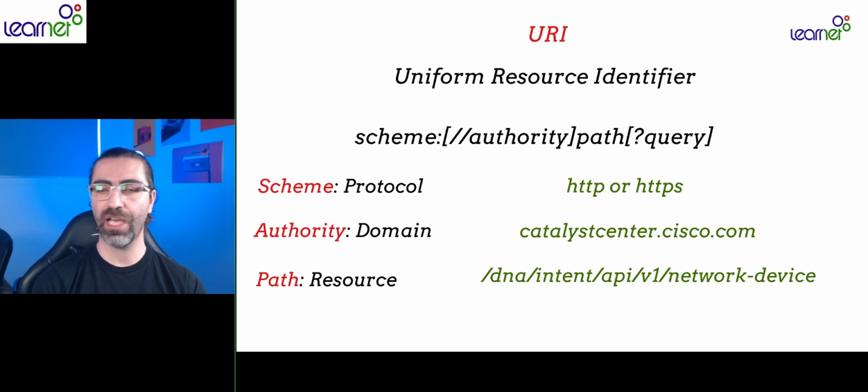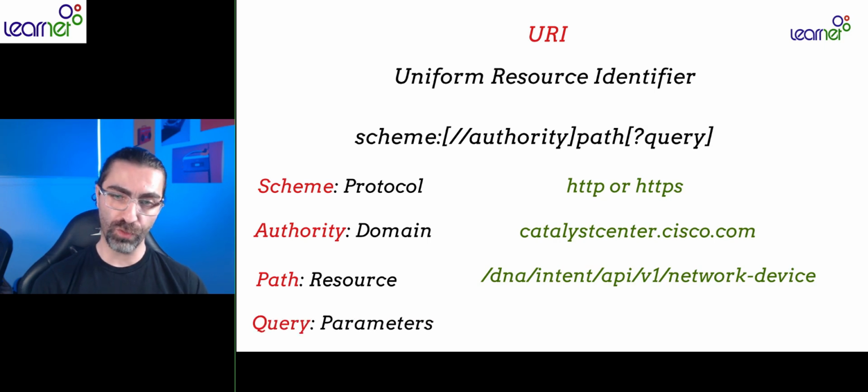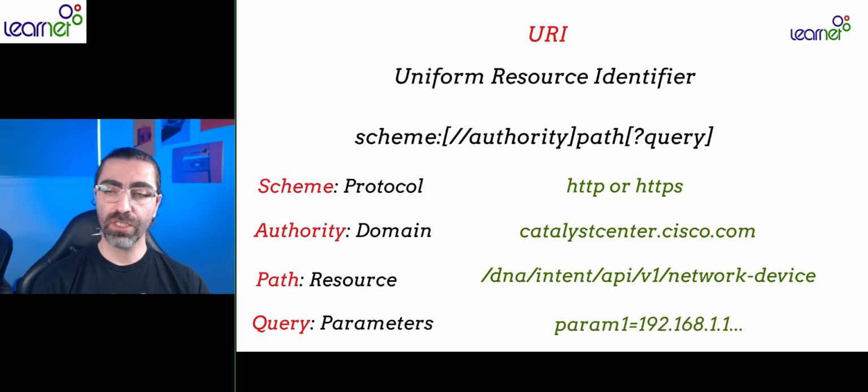For example, /dna/intent/api/v1/network-device. This is the path you need to put in your URI to reach network devices on the DNA Center. And the query is basically the parameters that you want to ask, like parameter1=192.168.1.1.